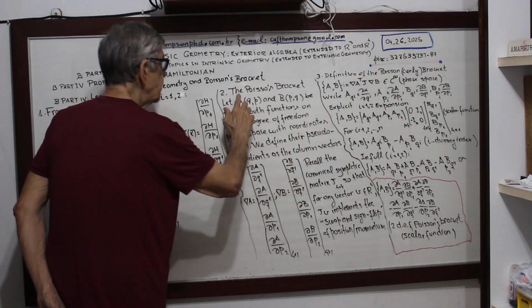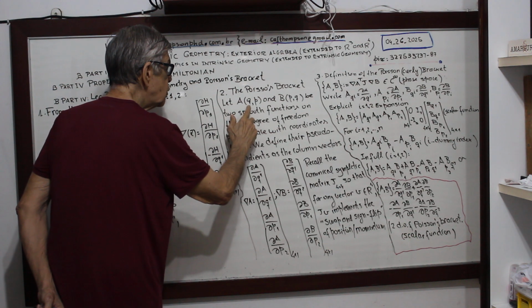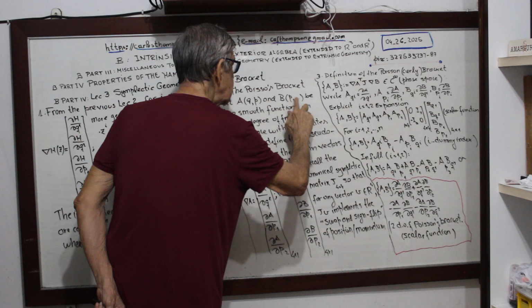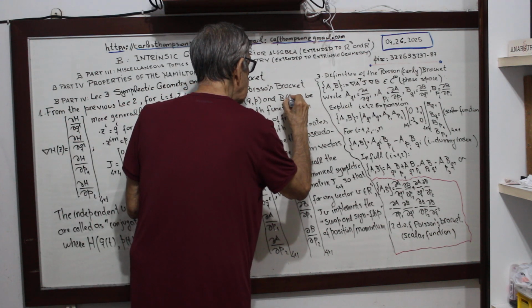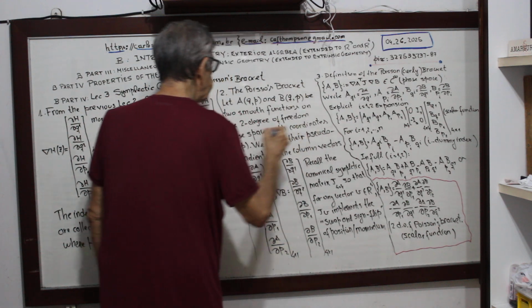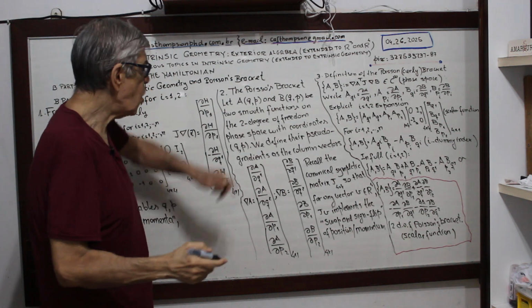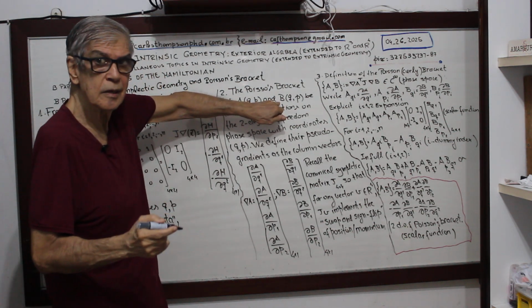You see, the Poisson's bracket, okay, let A(Q,P) and B(Q,P), in this order, be smooth functions. In general, in the literature, we call these little f and little g, okay?